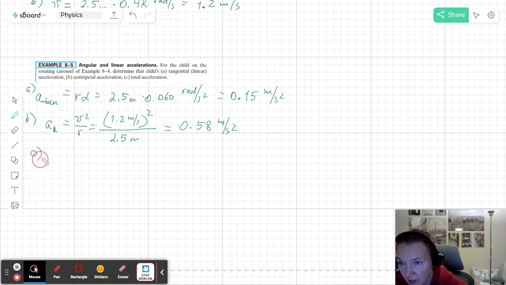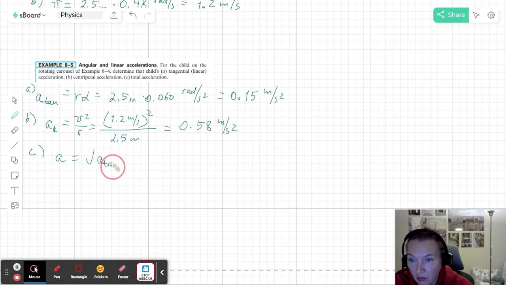Part C. So using the Pythagorean theorem, we will have to say that a has to be the square root of our tangential acceleration squared plus centripetal acceleration squared.